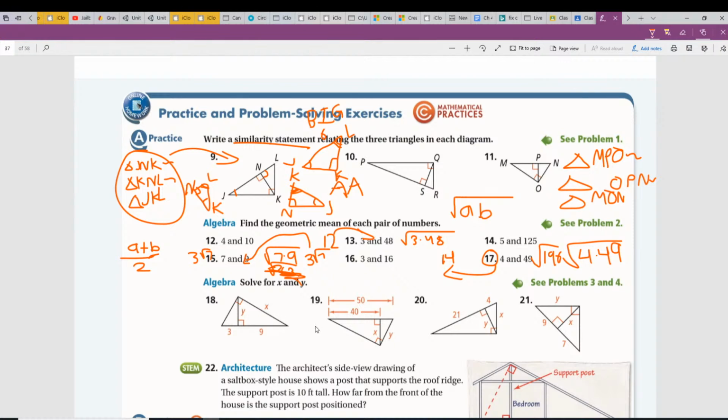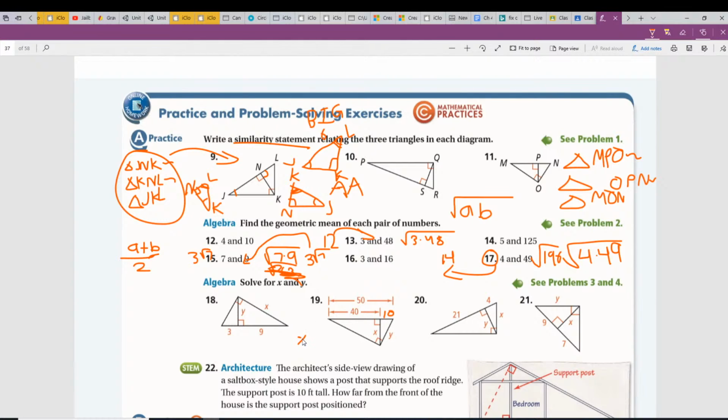Let's do number 19 because we're doing odds. So we have 40 right here and we have 50. So this one is obviously going to be 10. Now we have a situation right here.